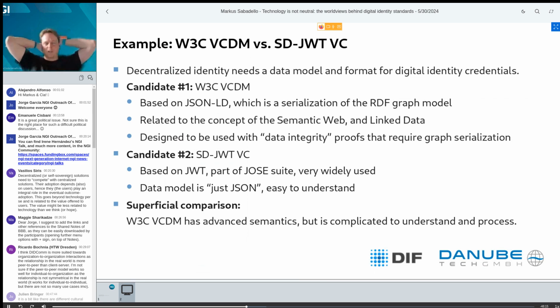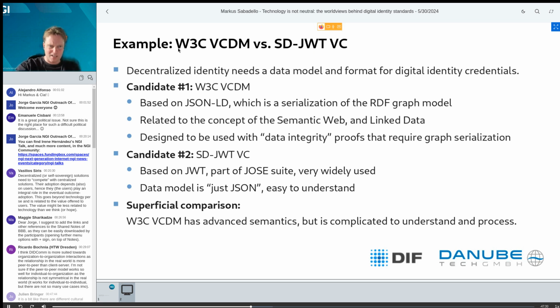This is about data formats. So in digital wallets, when we build use cases and applications, where we have verifiable credentials, again, such as digital diplomas, driver's licenses, personal identification cards, birth certificates, and so on, we also need a data format, right? So we need a way how that data gets expressed in a JSON object or in some kind of data model and data format to be able to store that data and move it around.